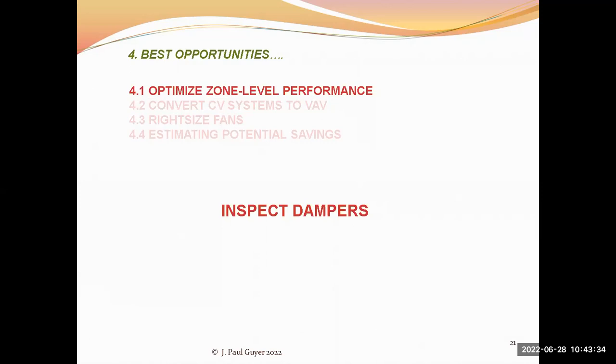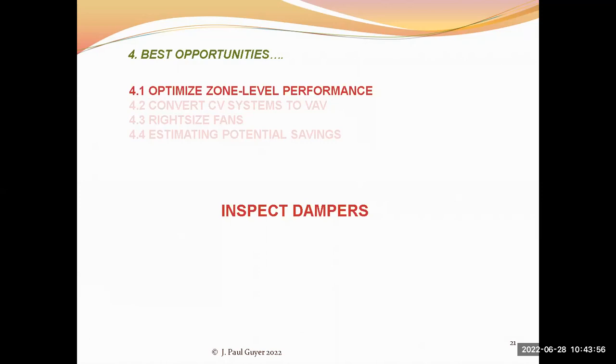design of the system. In an air distribution system, the air comes out of the fan in a big duct, and then it splits into smaller ducts, branches that run off to different spaces.